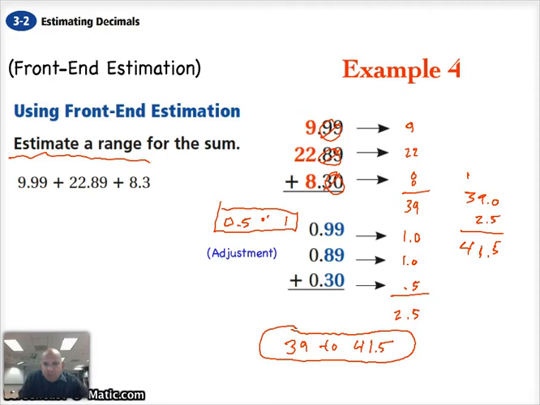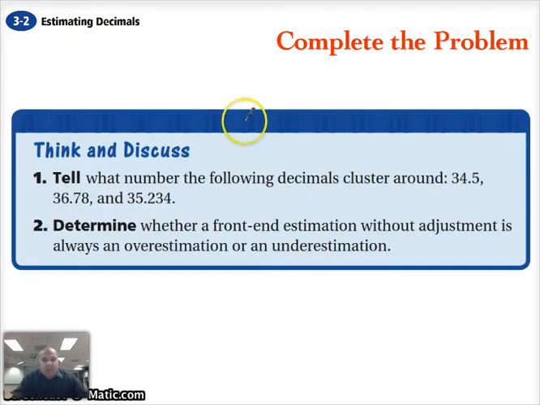Finally, to complete the problem. For number 1, you're going to tell what number the following decimals cluster around: 34 and 5/10, 36 and 7/800, and 35 and 234 thousandths. And then number 2, it says determine whether a front-end estimation without adjustment is always an overestimation or an underestimation.